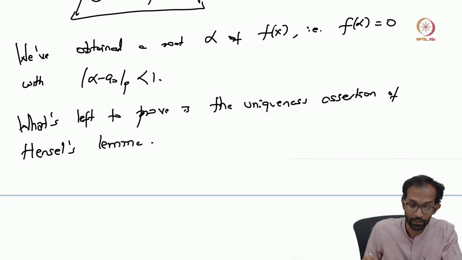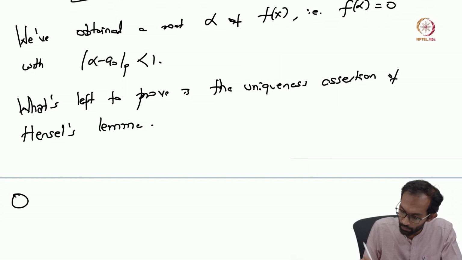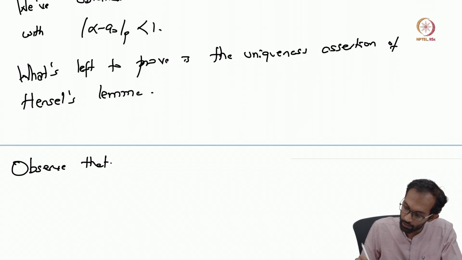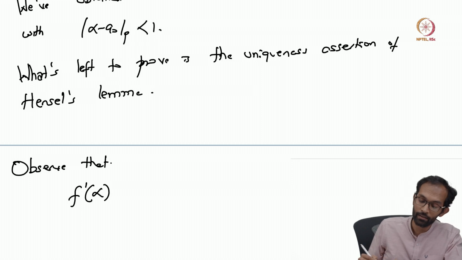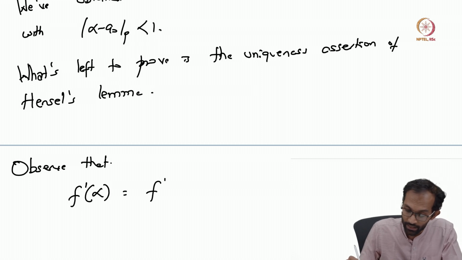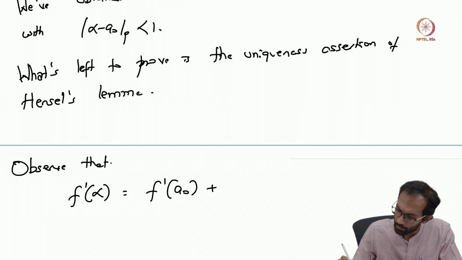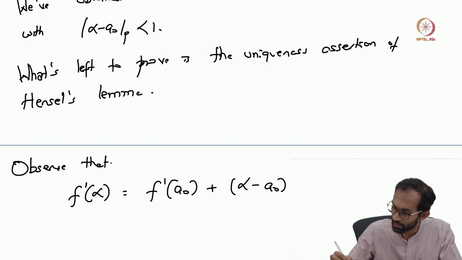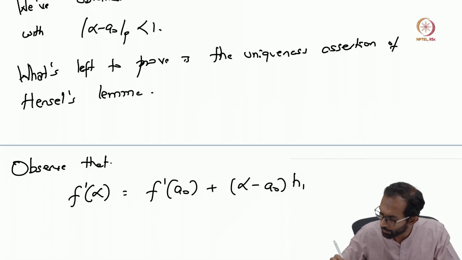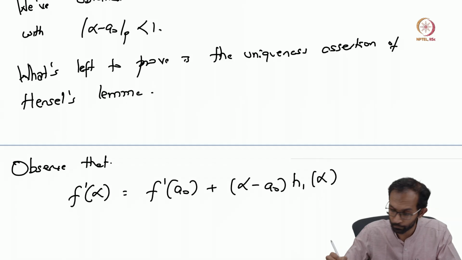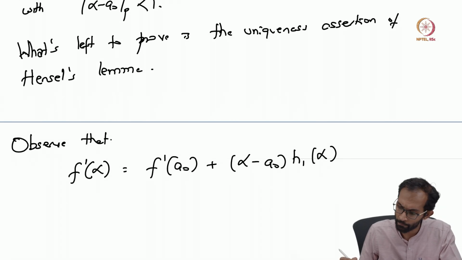Before proving the uniqueness assertion, observe that if you look at f prime of alpha, you can write this as f prime of a_0 plus alpha minus a_0 times some polynomial, again I'll just call it h_1 of alpha.